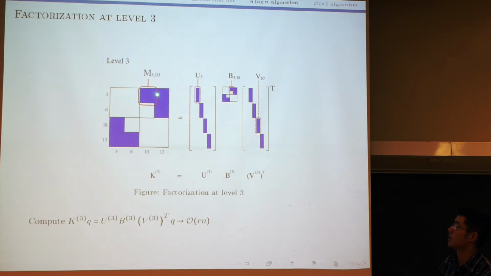It is independent of the columns. So the column basis for this row block is just U3 here. And the block we factorized before is here: U3, B3,10, and V10 transpose. If we compute the matrix vector product for this matrix, it immediately follows that the complexity is linear.